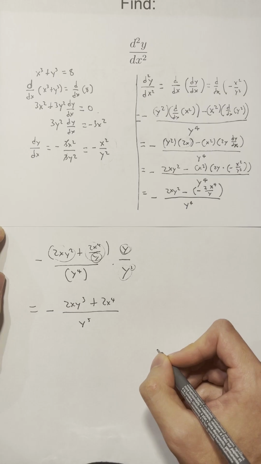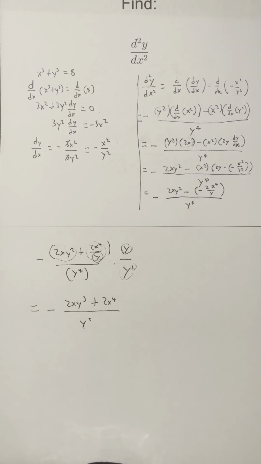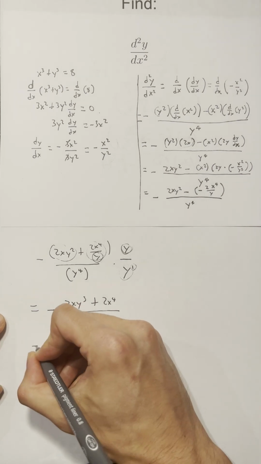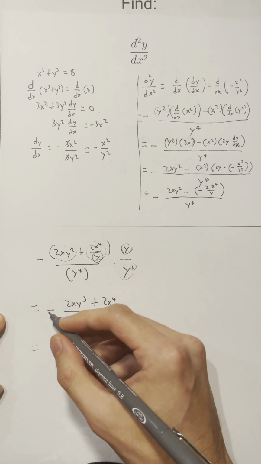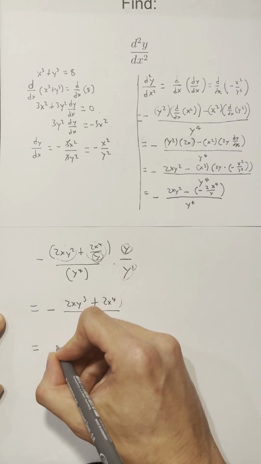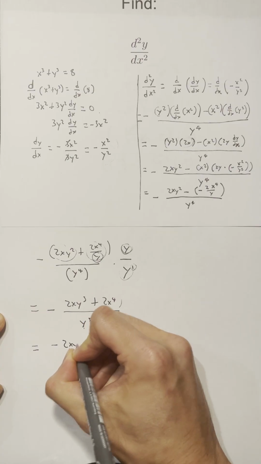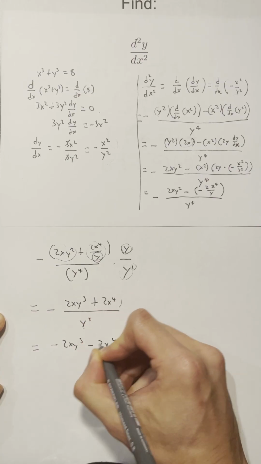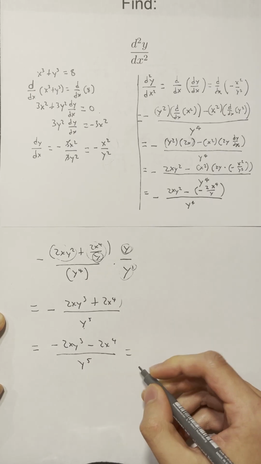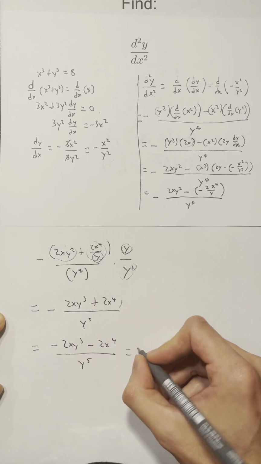Okay, so this is your answer. If you want to simplify it one step further, I'm going to distribute the negative sign over here. So it's going to be negative 2xy cubed minus 2x to the power of 4 over y to the power of 5. And then I'm going to split up the fraction.